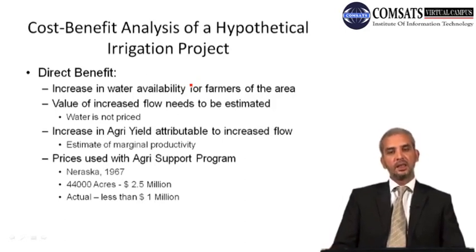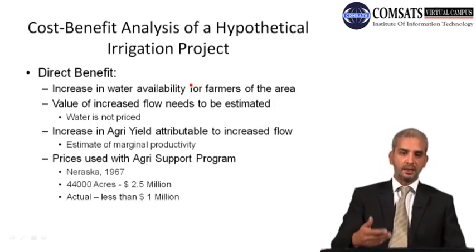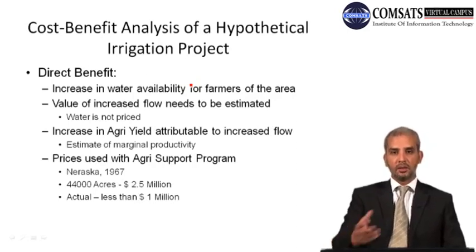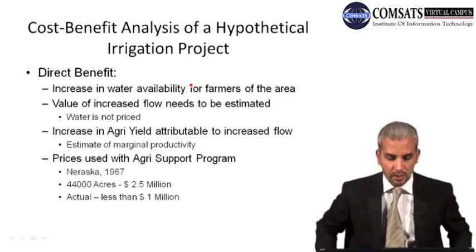Now increase in agricultural yield can be attributed to increase in water flow. What we can say is that once the water flow has increased and the land is more fertile now, there should be more output out of it, and that output can be priced in the market. So we are using a proxy for the value of increased water flow, in terms of the prices of the crop that is being produced and sold in the market.